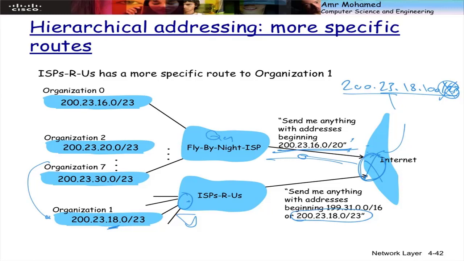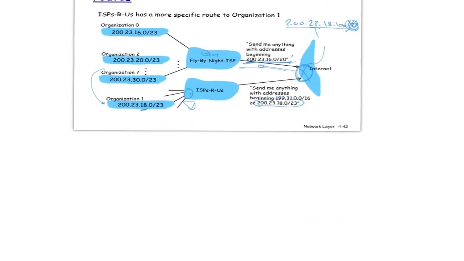So in this router table map, I will have 3 entries now. Okay? I will have 200.23.16.0/20, and this will go to, let's say, port 1. Okay?